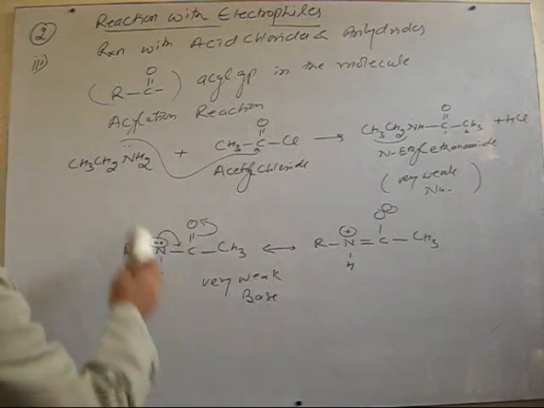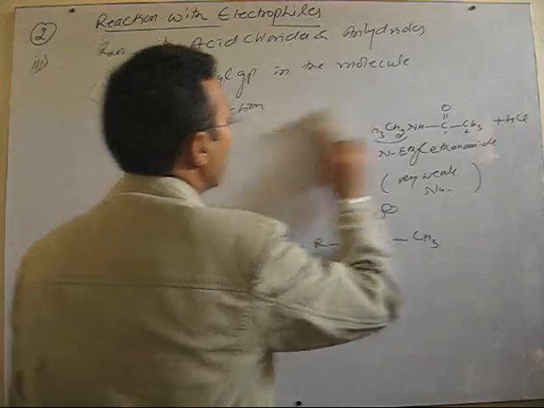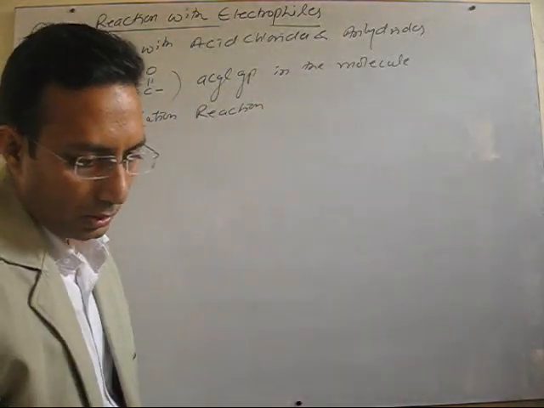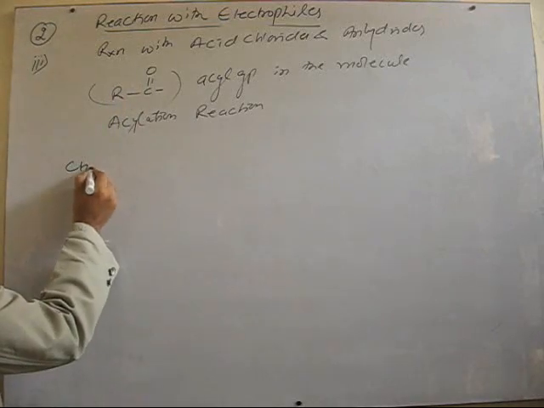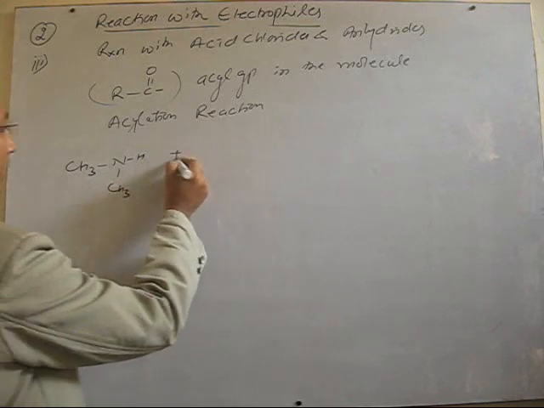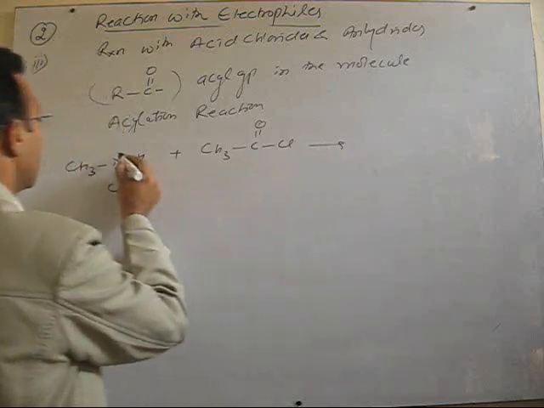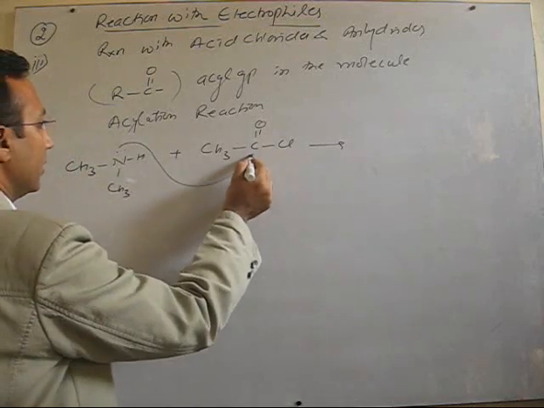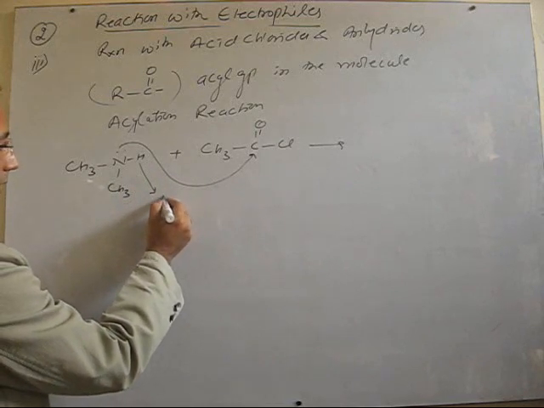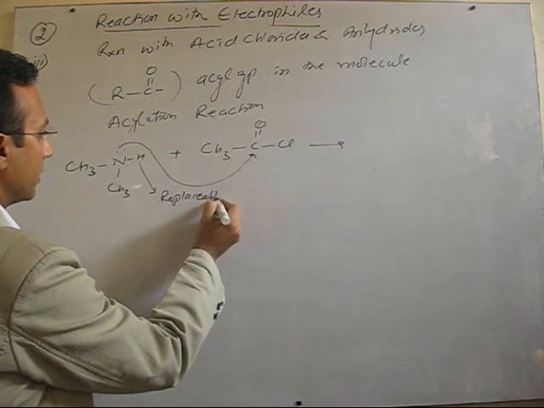Fine. Let me take some more reactions. These are the reactions between the primary amine and acid chloride. Now secondary amines can also react. For example, I have dimethylamine reacting with acetyl chloride. So nitrogen can act as a nucleophile. Moreover, it has at least one replaceable hydrogen.